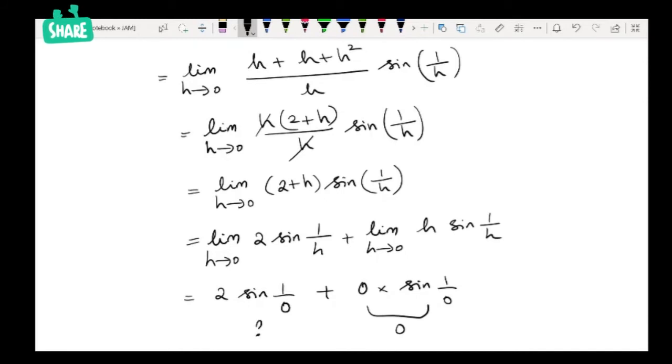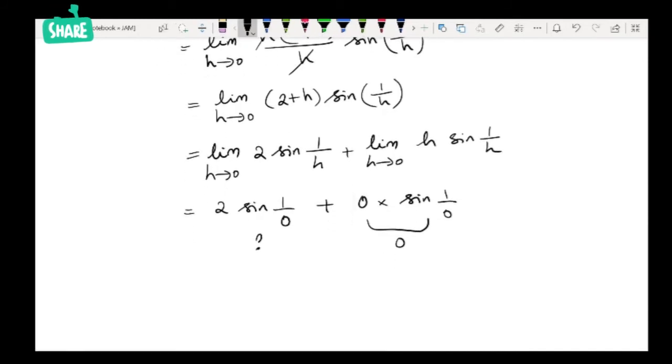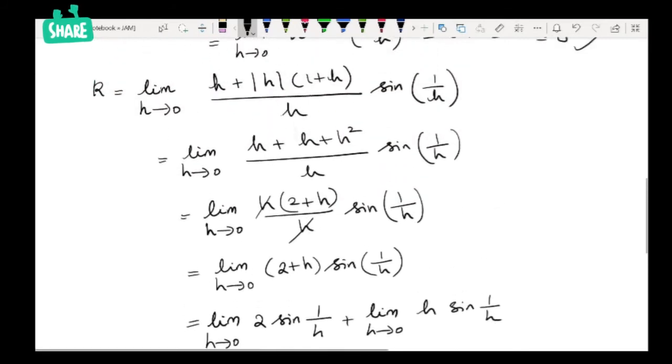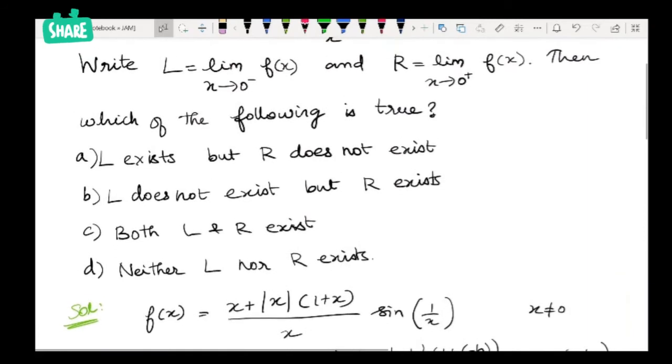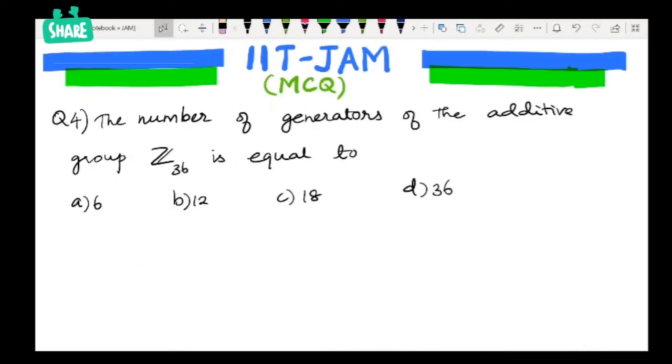But the first term is undefined, which means the right limit doesn't exist. So let's see which option is correct. Option A, which says L exists but R does not exist. So option A is the correct answer.